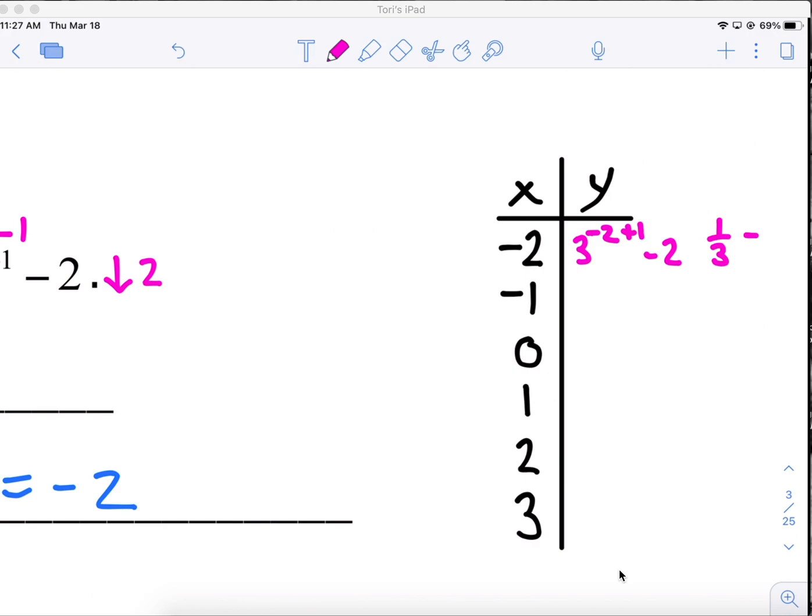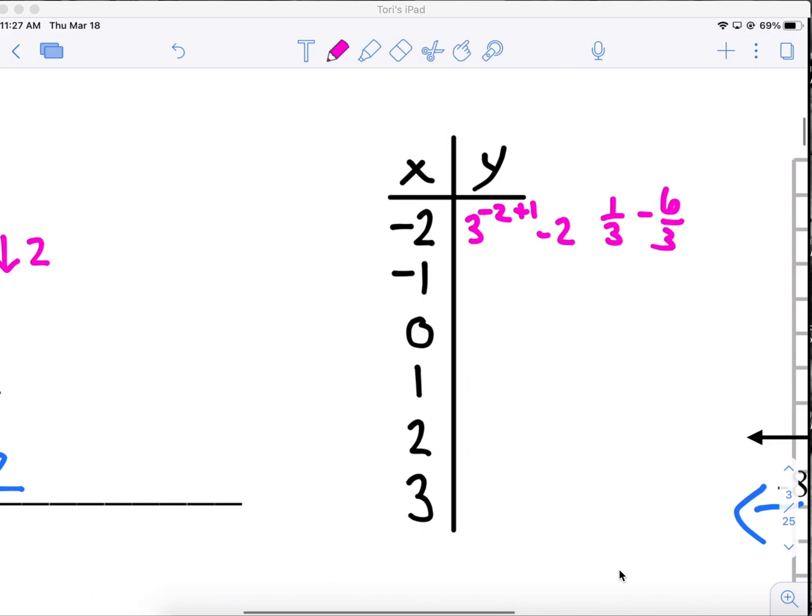And then -2 would be like saying -6 over 3. So you're going to end up with a -5/3. It looks really complicated, I know. Just stay with me. If we did 3 to the -1 plus 1 minus 2, -1 plus 1 is 0. We know 3 to the 0 is just a 1 minus 2 gives us -1. Everything from here on out should be pretty basic.